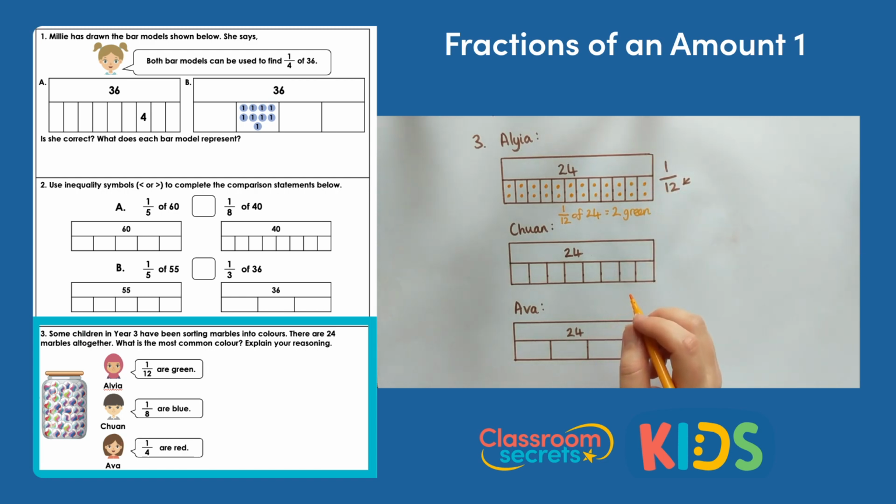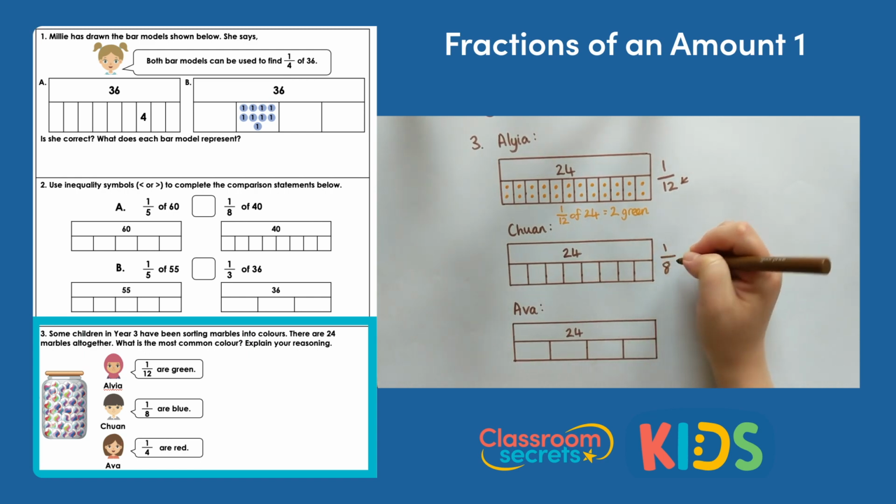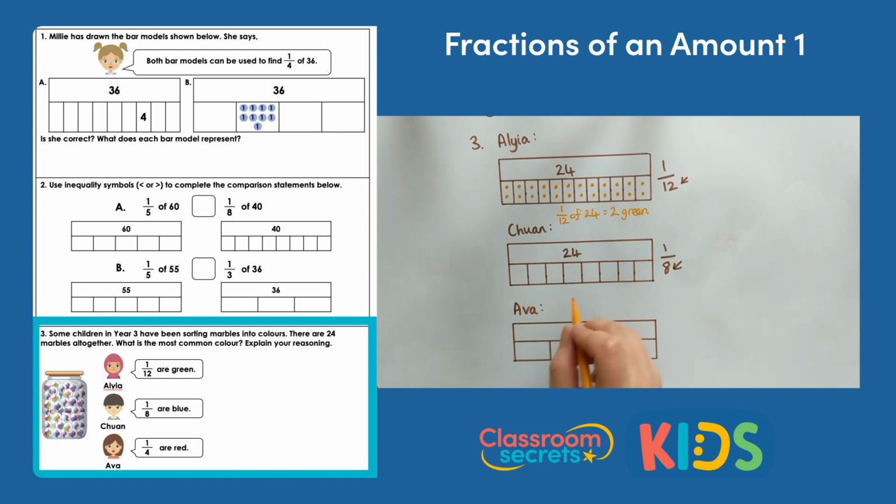On to Chuan, he said that 1/8 are blue. So because the denominator is 8, you can see that I've split this bar model into 8 equal parts. And again, I'm going to use 24 again and share them equally into these 8 equal groups.